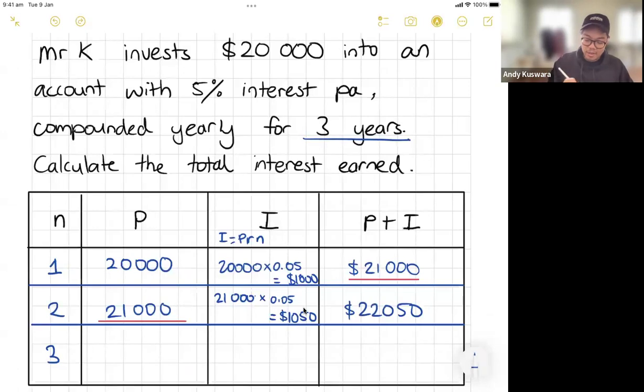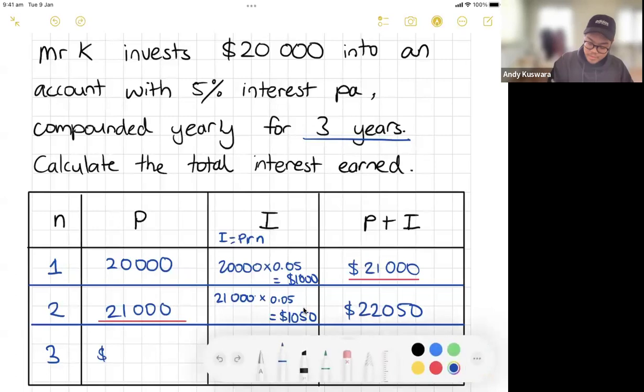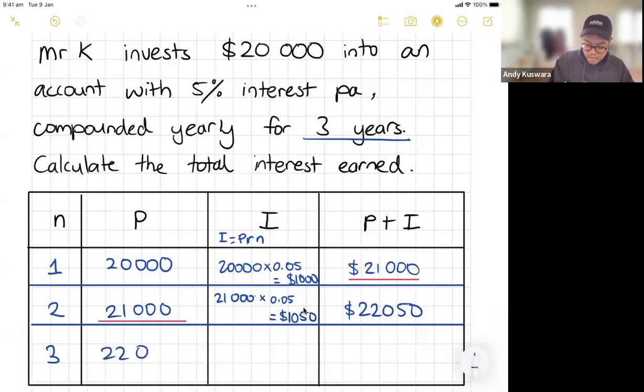I'm starting now with not 21,000, but with $22,050. And again, how do I find the interest? It's going to be 22,050 this time, multiplied by my percentage. And that's going to give me 1,102.50, which sounds about right.